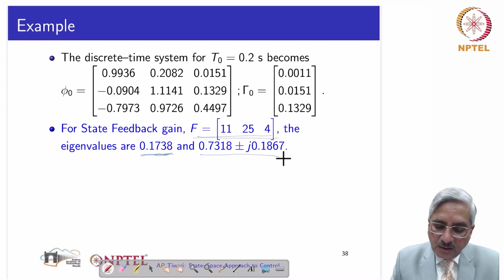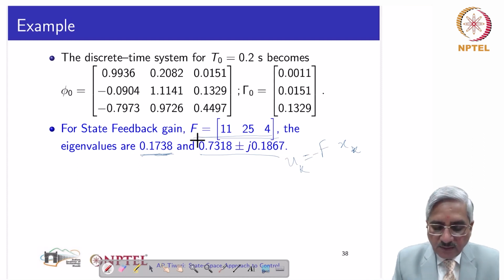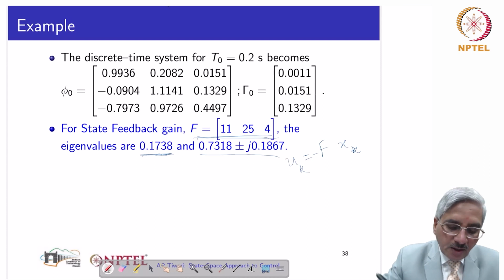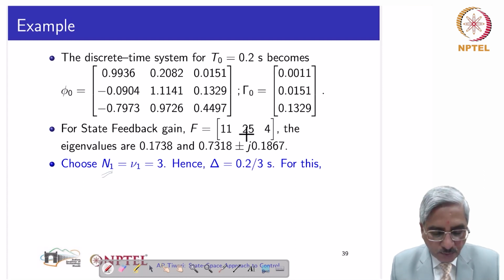So we have u equal to f x, with this f to stabilize this system. Once we obtain f, then we have to obtain C, and for that we have to choose N1, that number of samples of output in one T0, which is 0.2.